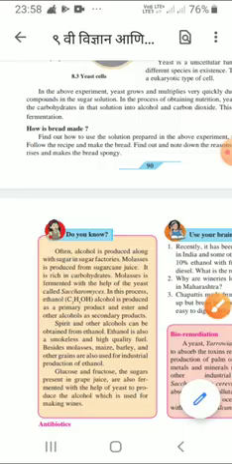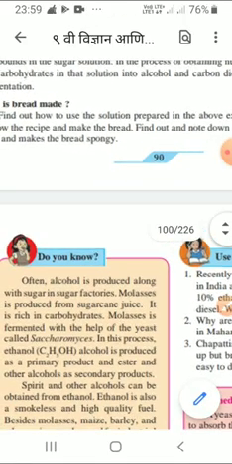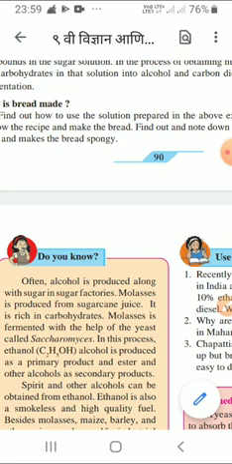Now let us see how we prepare bread. When we prepare bread, you have to see the recipe and how it is prepared. That time the dough rises. When we make the dough, putting yeast in that dough, the dough rises and it makes the bread spongy.